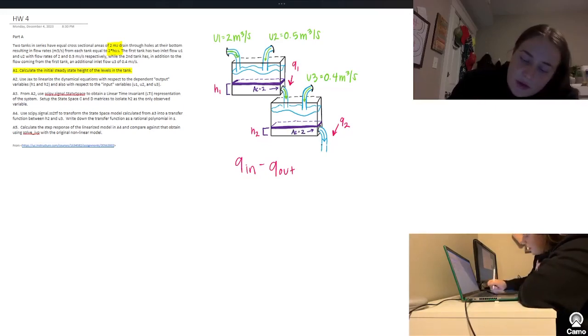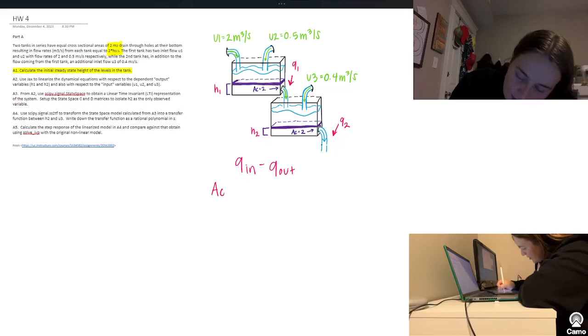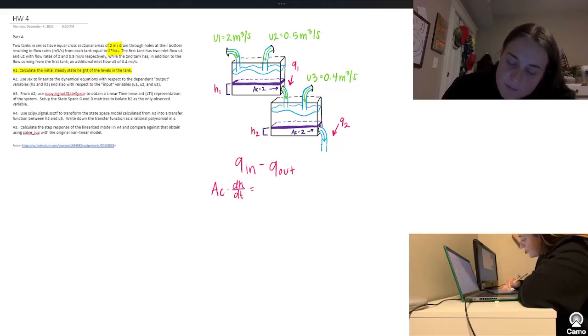So essentially with this equation, we have AC times dH, I'm going to make that lowercase, dH dt equals U1 plus U2 minus Q1.